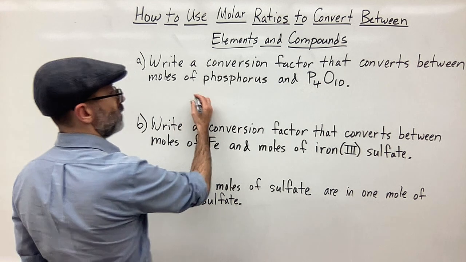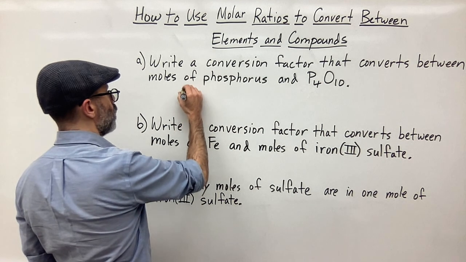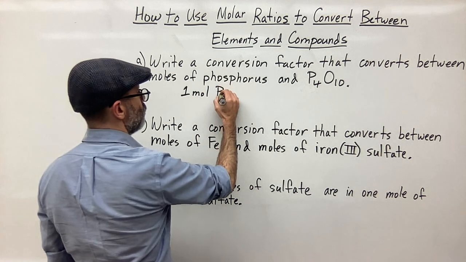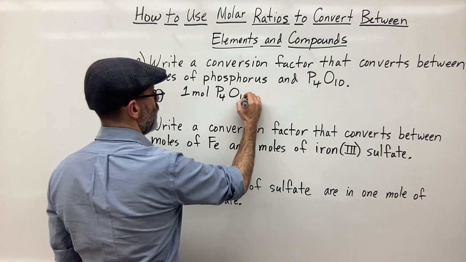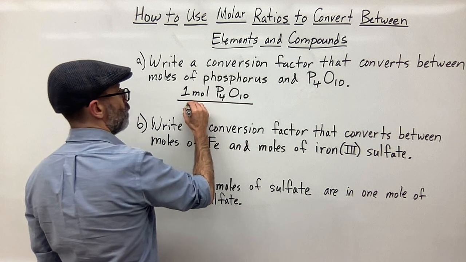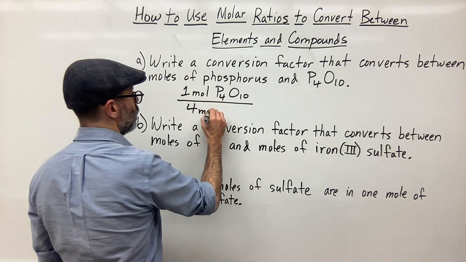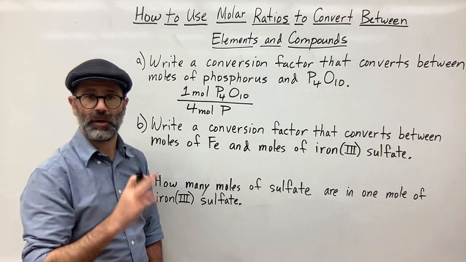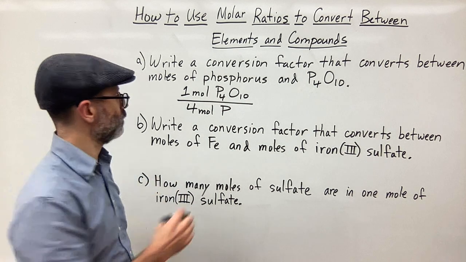So here I can say that 1 mole of P4O10 over 4 moles of phosphorus P. Or I could flip it. Remember, there are 2 possible conversion factors.